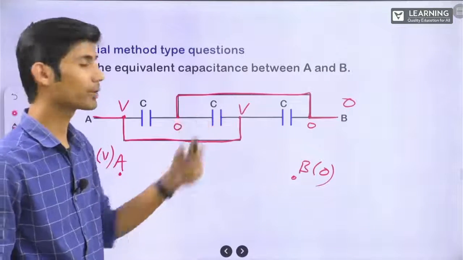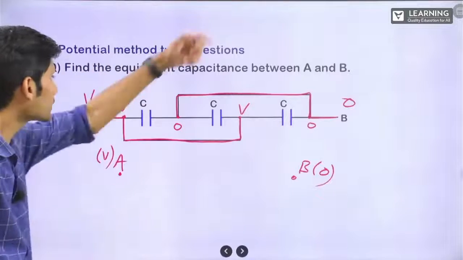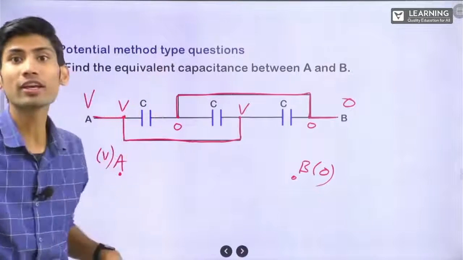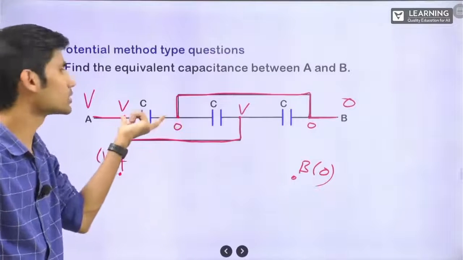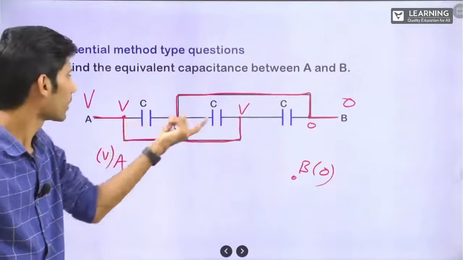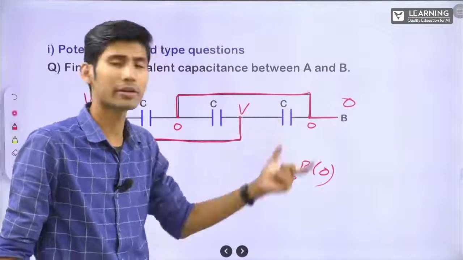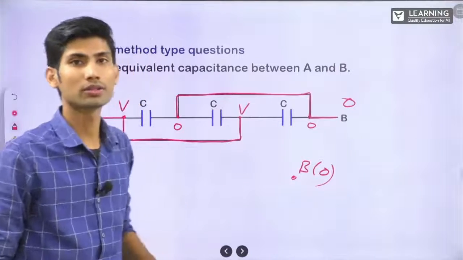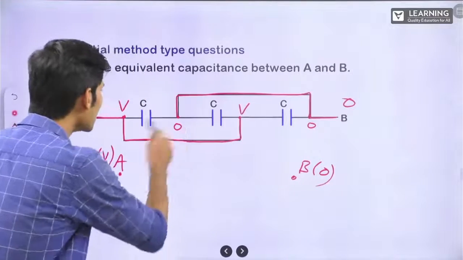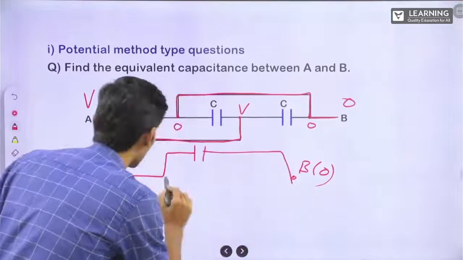Between V and 0, one more capacitor is this, and this capacitor is also between V and 0. That means potential drop across each capacitor is V. One side V, another side 0. What is the potential drop across this capacitor? V minus 0. Across this capacitor? V minus 0. Across this capacitor? V minus 0. Across each and every capacitor, potential drop is same. That means all the three capacitors are connected between A and B.